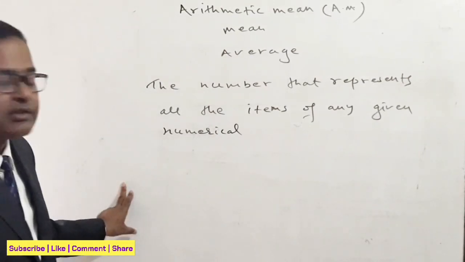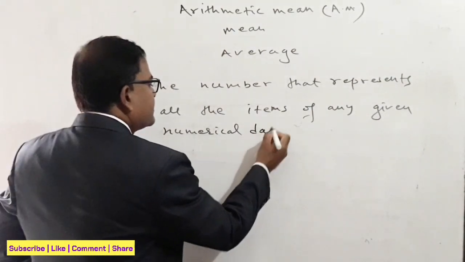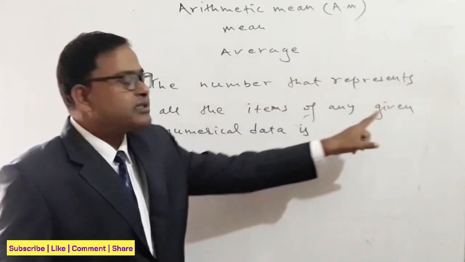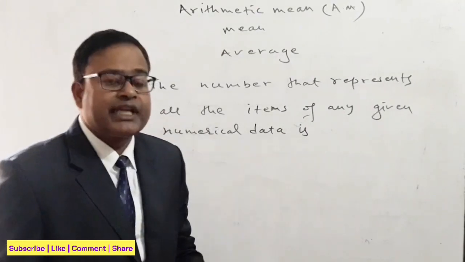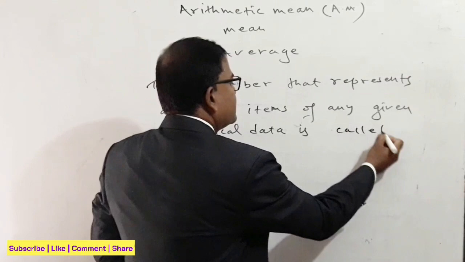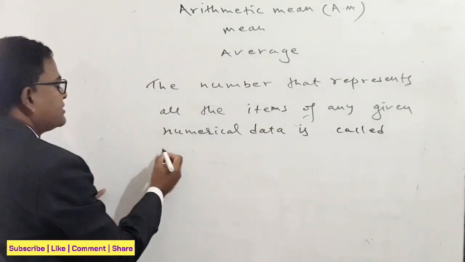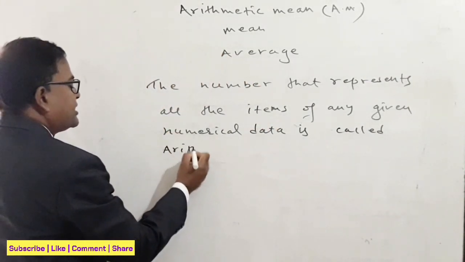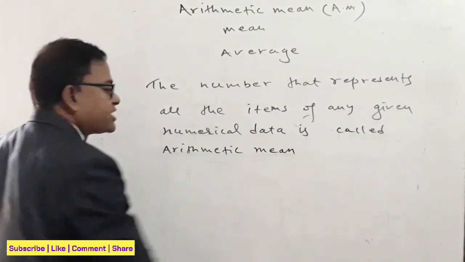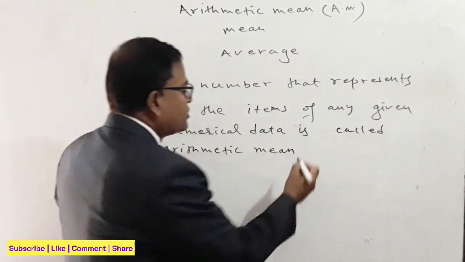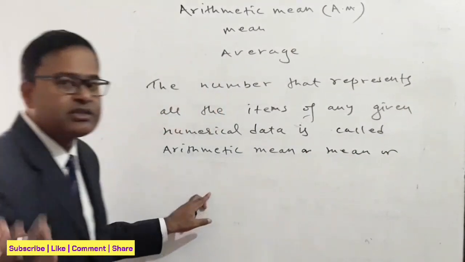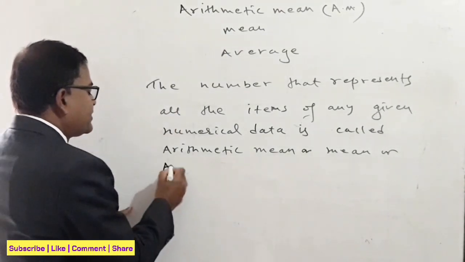The data should be given in numbers, numerical data. The number that represents all the items of any given numerical data is called arithmetic mean, or simply we can say mean, or we can say average of the given data.